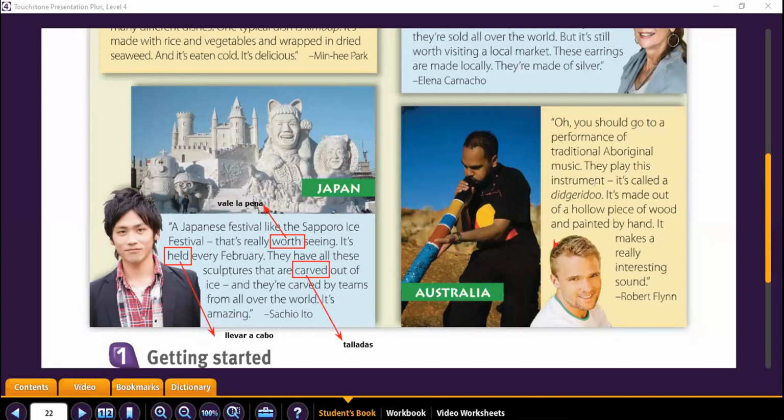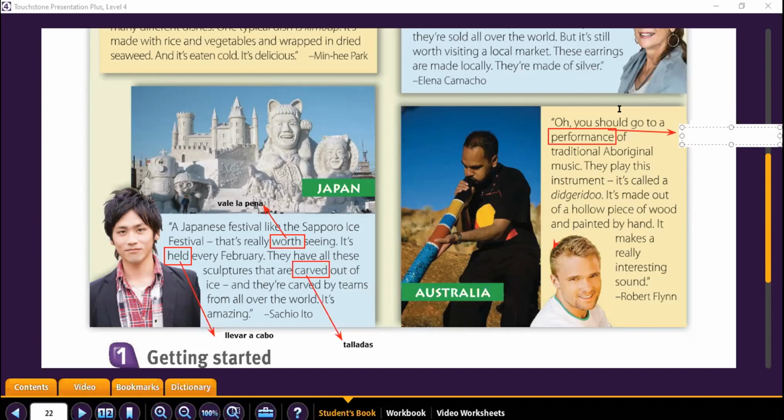Let's go back to the reading. Here we have, you should go to a performance of traditional Aboriginal music. So here we have the word performance. Sí, esta palabra performance se refiere a una presentación, ¿no? Aquí nos dice la presentación de música aborigen.